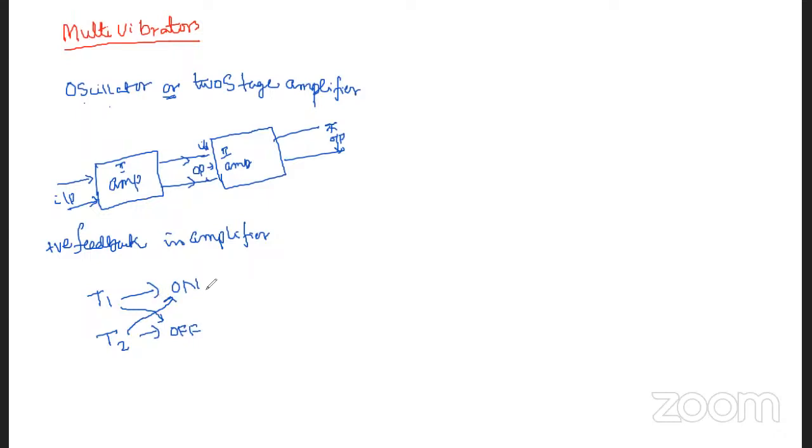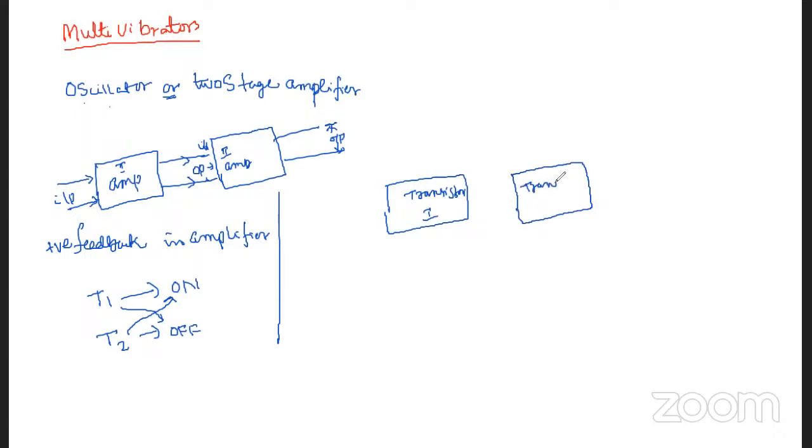If you see the block diagram of the multivibrator, we'll draw it here. Here we have transistor 1. Next we have the second transistor, transistor 2.